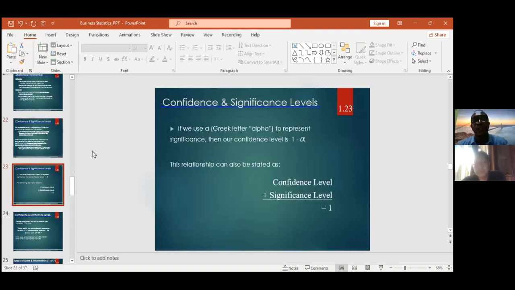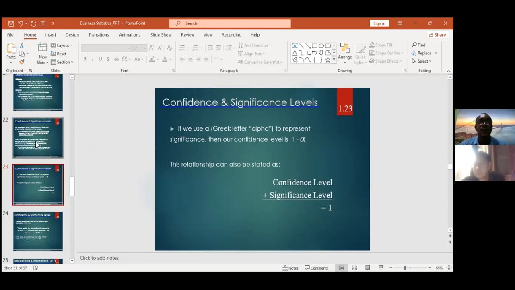So for us to understand the relationship between the confidence and the significance level, if we use a Greek letter alpha to represent significance, then our confidence level will be 1 minus alpha.